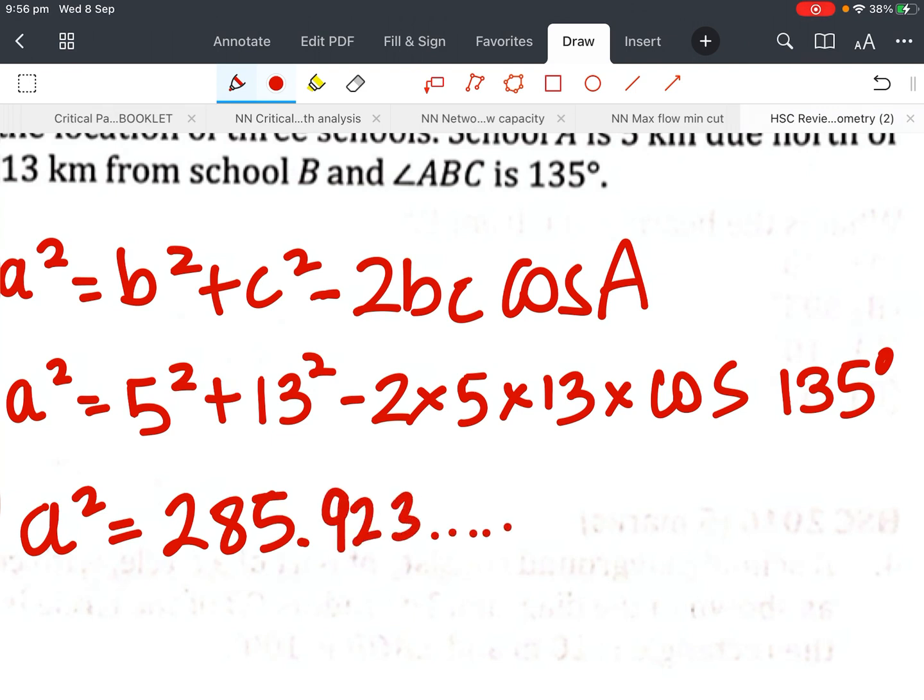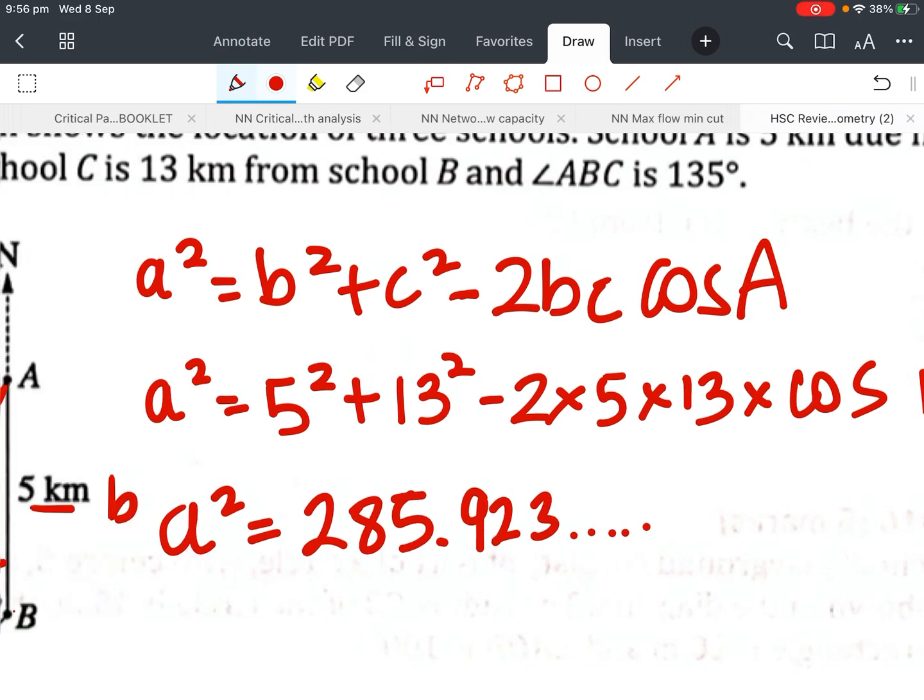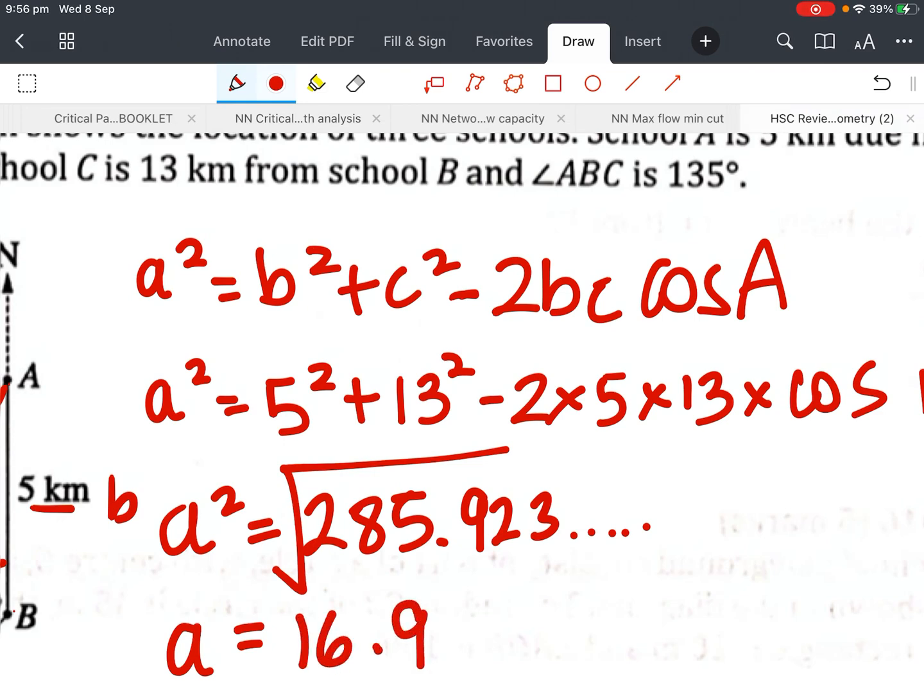285.923 dot dot dot. Now if I'm going too fast, pause, okay? I'm just going to keep going, but if you need to slow down and write something down, just pause the video, please. Alright, what's the opposite of squaring A? Hopefully you said square root. So I'm now going to go square root answer equals 16.909 dot dot dot dot.